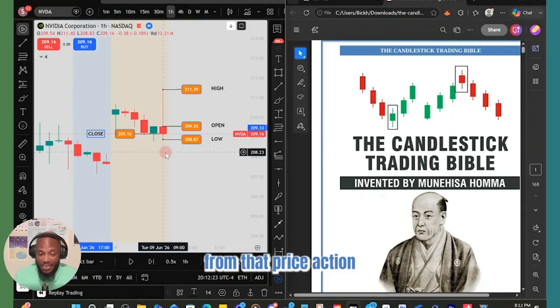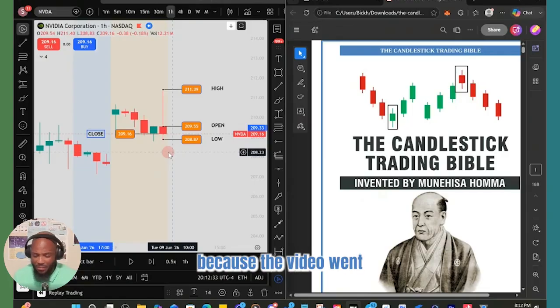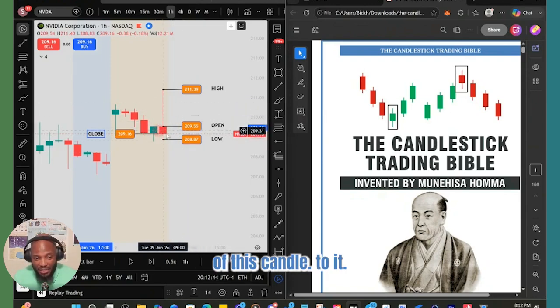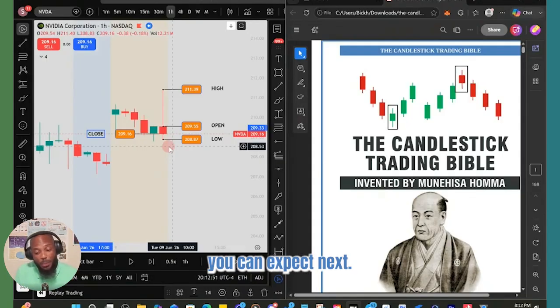From that price action, that should have allowed you to say, oh snap, hold on. Sellers won that battle, because NVIDIA went all the way up, faked out some people who got in call contracts, then dumped down and closed down there. And the shape of this candle gives you extra confirmations about what you can expect next.